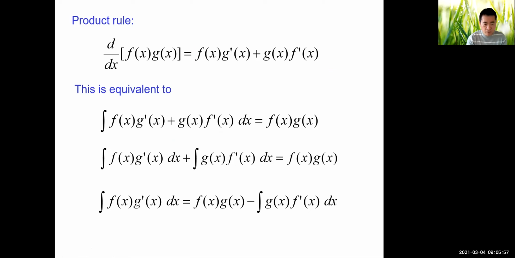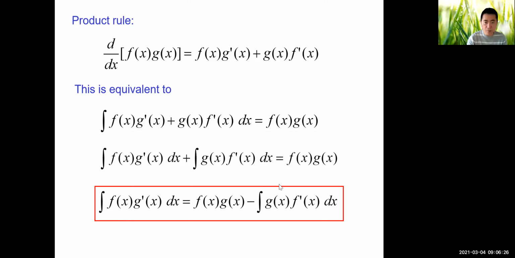Now this is what we had earlier. Instead of integrating f times g prime, we have this equality: f times g minus the integral of g times f prime. So basically the problem switched from integrating f times g prime to integrating g times f prime, and hopefully that integral is easier to do.